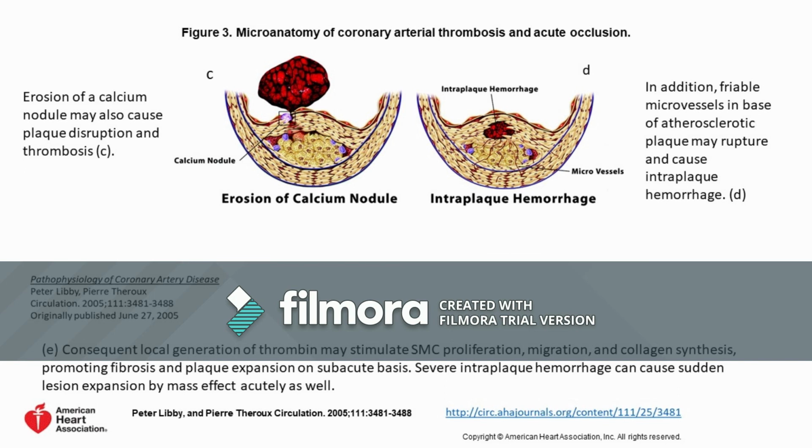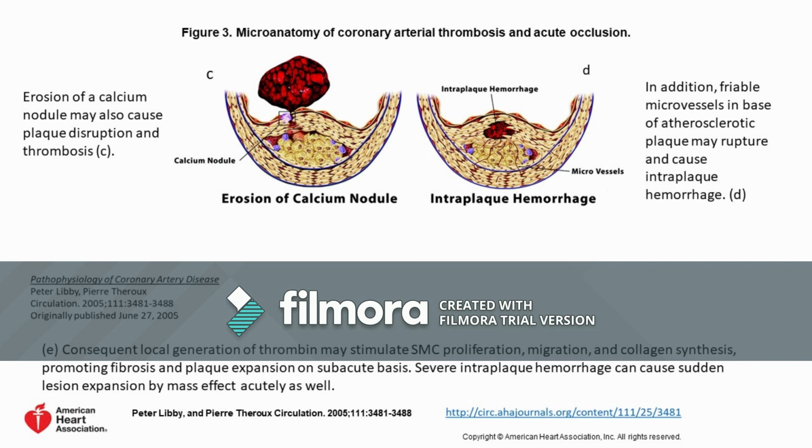Part C shows the erosion of a calcium nodule. The erosion of a calcium nodule may also cause plaque disruption and lead to thrombosis. This can be seen in Part C on the left side.